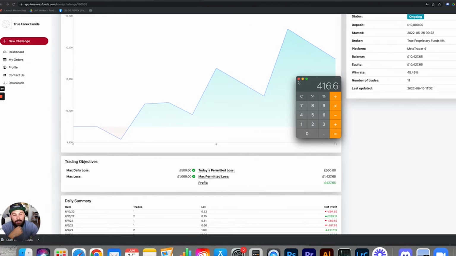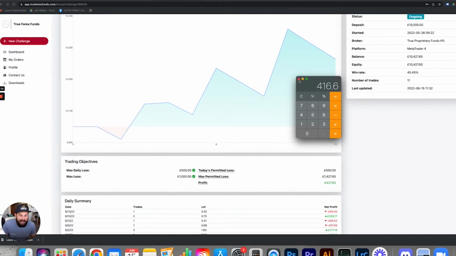I believe that should be enough to pay for a 70k challenge. So I'll pay for a 70k challenge for basically no money. I think it's like £420, maybe £430 for a 70k challenge. So essentially a 70k challenge, risk-free. Obviously, if I pass that, then I've got 80k to play with, and life is good.